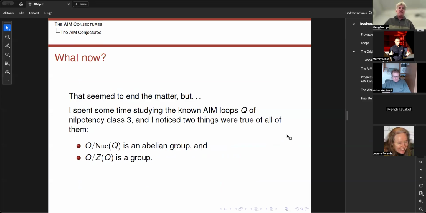This next part is due to my obstinance. I carefully examined all of the known counterexamples, and I found out that they are actually much more structured than anybody thought. Yes, they were counterexamples to the original conjecture, but they had the property that their factor by their nucleus was an abelian group, and the factor by the center is not an abelian group, but is a group.